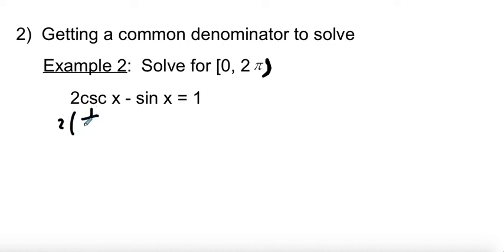So cosecant is 1 over sine. I'm going to bring my 1 over as well. I can multiply here and I get 2 over sine x.